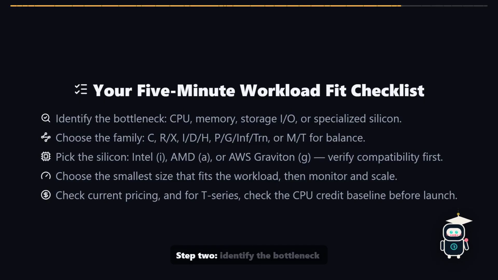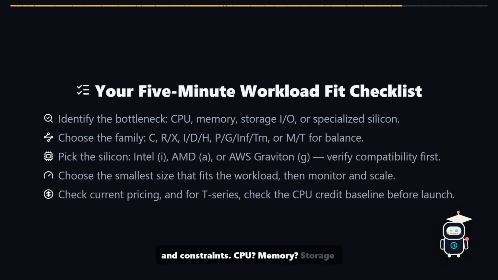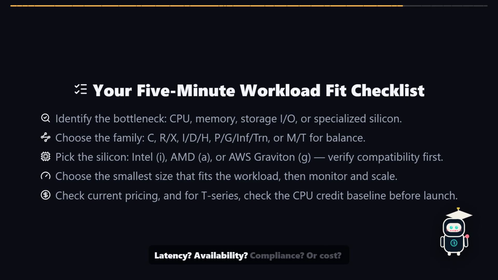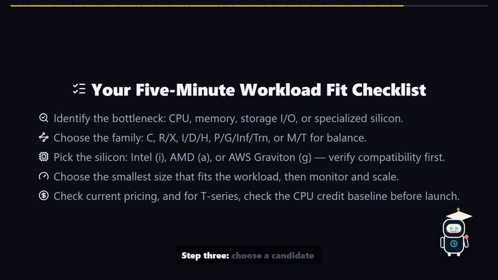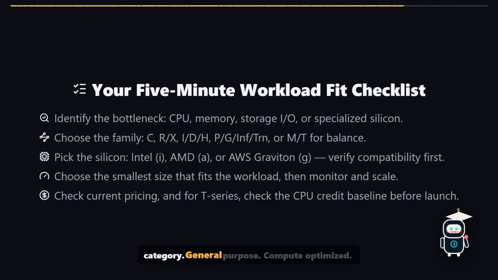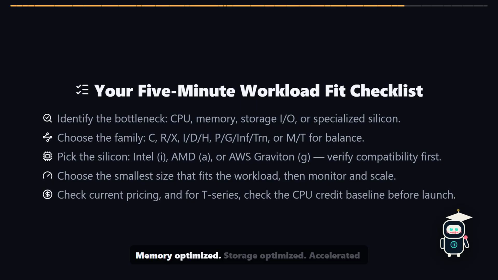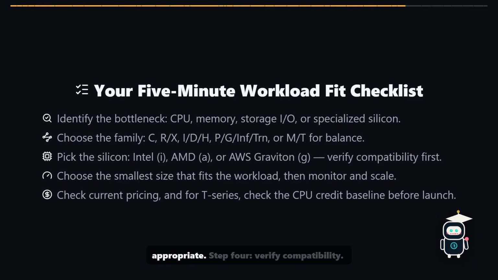Step 2. Identify the bottleneck and constraints. CPU, memory, storage, I/O, network, specialized acceleration, durability, latency, availability, compliance, or cost. Step 3. Choose a candidate category: general purpose, compute optimized, memory optimized, storage optimized, accelerated computing, or HPC-oriented architecture where appropriate.